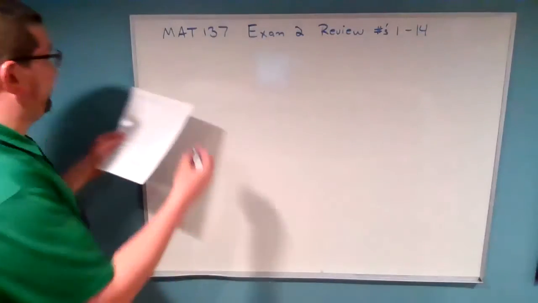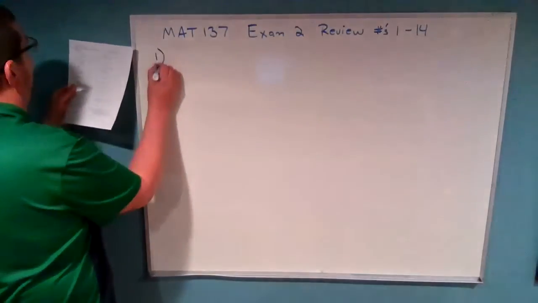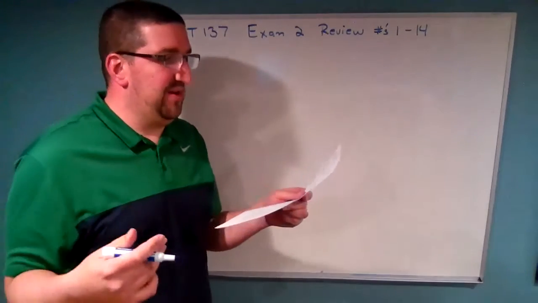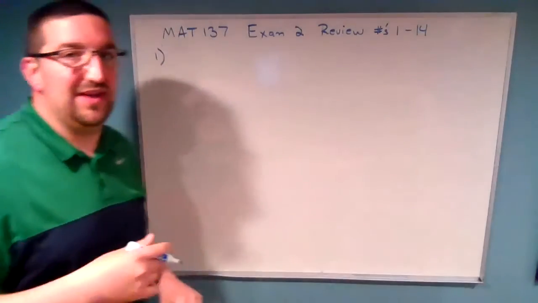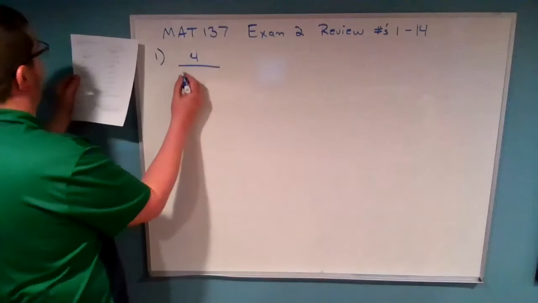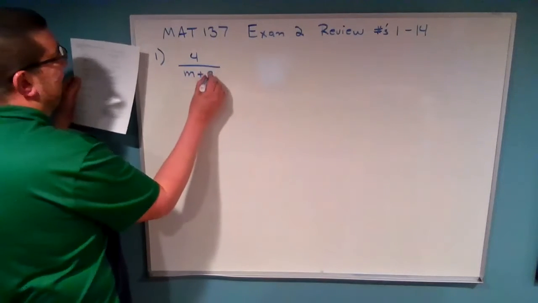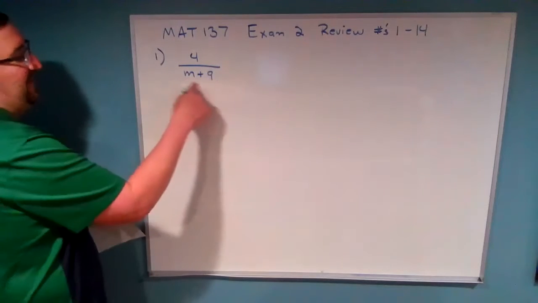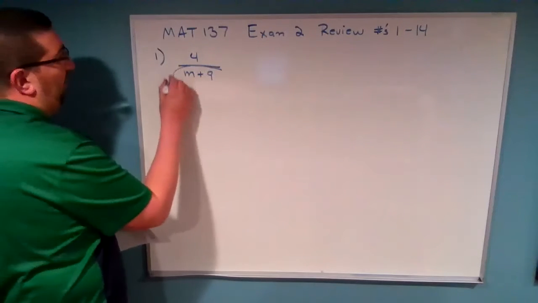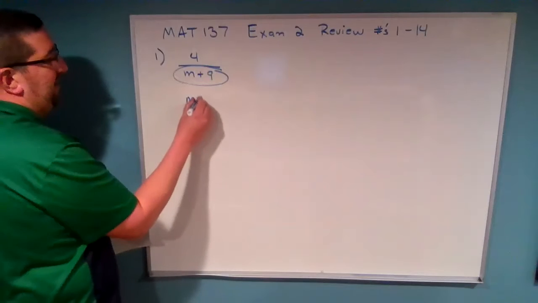So let's go. Number 1, all we have to do is find any values of the variable that make the expression undefined. These are called excluded values. So we have 4 over m plus 9. We're looking for values of m that make the denominator 0. So we're only looking at the denominator.